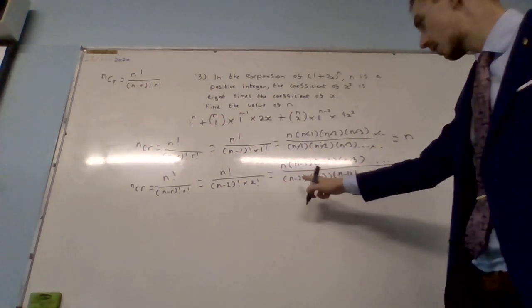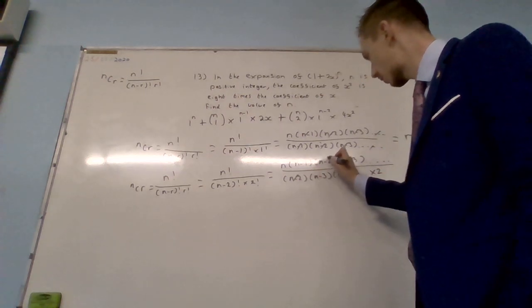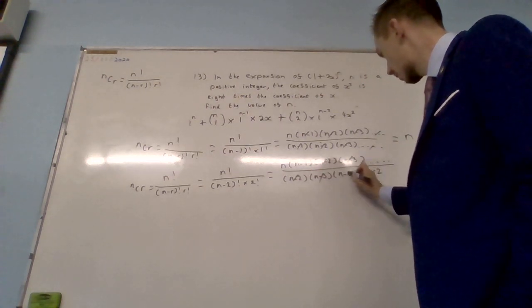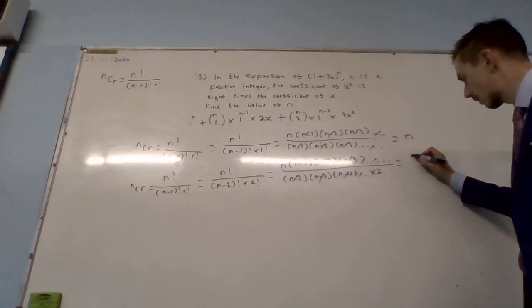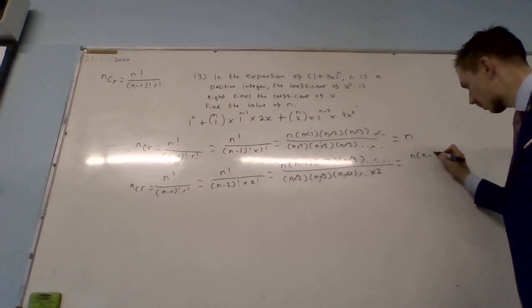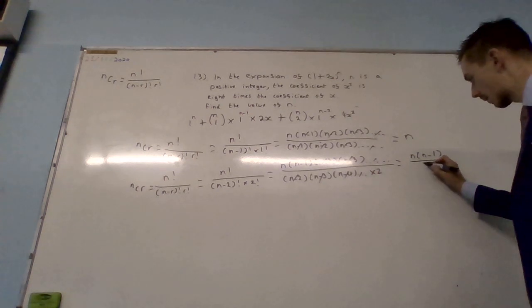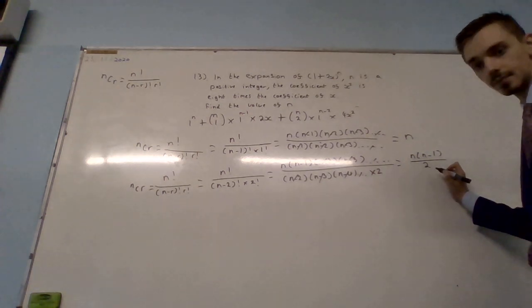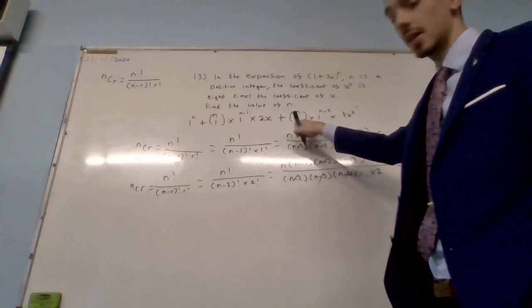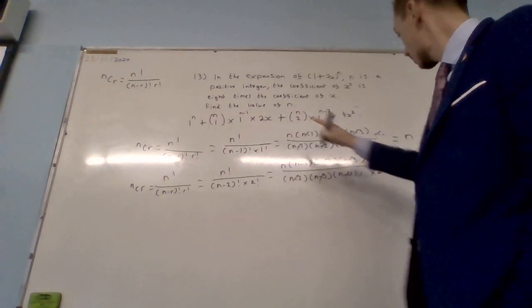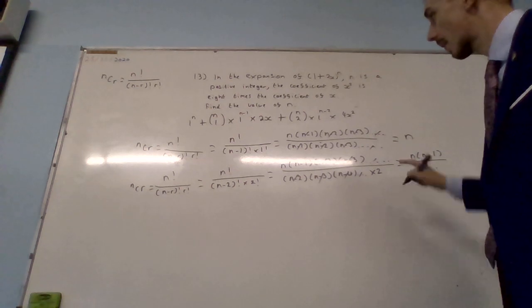We can now cancel down, removing n subtract 2, n subtract 3, n subtract 4, dot dot dot. So we're then going to get n, open brackets, n subtract 1, over 2. That is what n choose 2 is equal to.